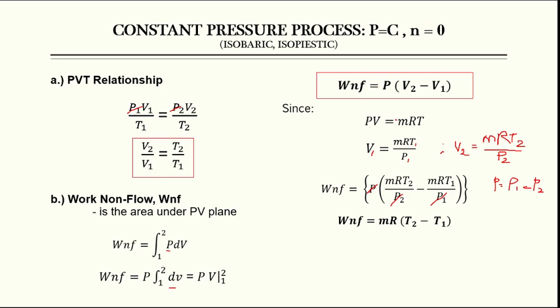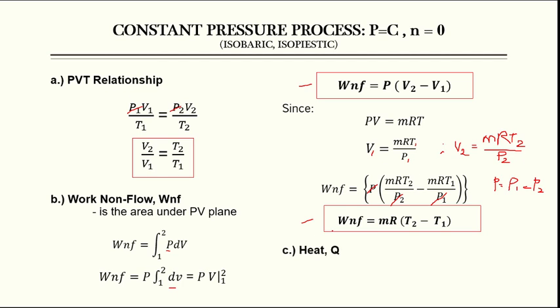So, from this formula, may madiderive pa pala tayong bago. So, ginagamit to kapag ang given natin sa problem ay in terms of temperature lang. Kasi meron sinasabi, constant pressure process, pero ang given sa problem is dalawang temperature. Hindi mo naman to pwedeng gamitin kasi wala namang temperature dyan. Kaya dalawa yung formula natin. Pwedeng ito, work non-flow is equal to P(V2 minus V1), or pwedeng ito, work non-flow is equal to mR(T2 minus T1). Okay, clear naman? Next.